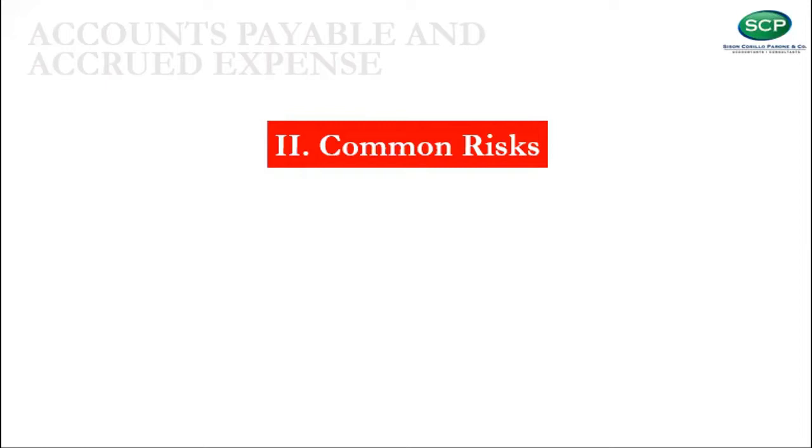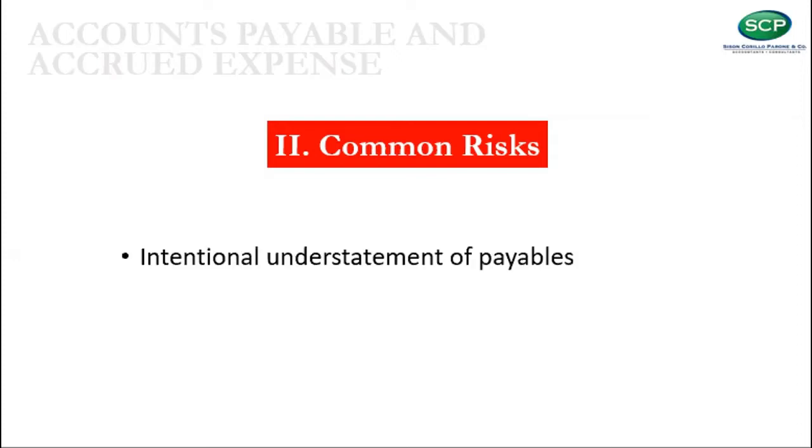So these are the common risks we will discuss: intentional understatement of payables, payment to wrong vendors, fictitious vendors, and double payment to vendors. Let's briefly discuss each of these risks, starting with the intentional understatement of payables.